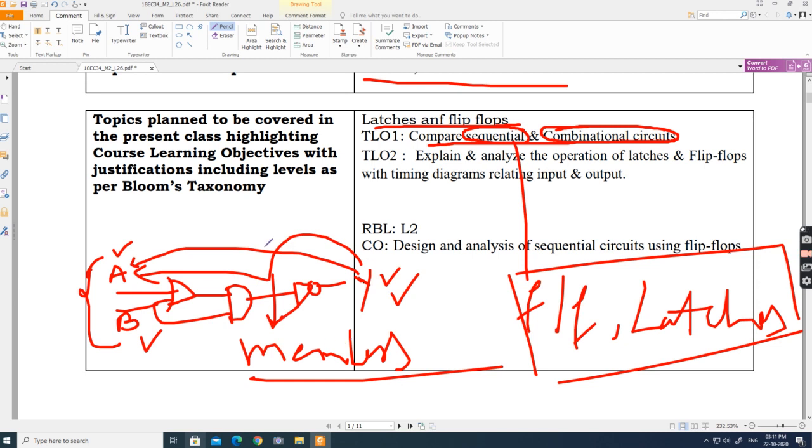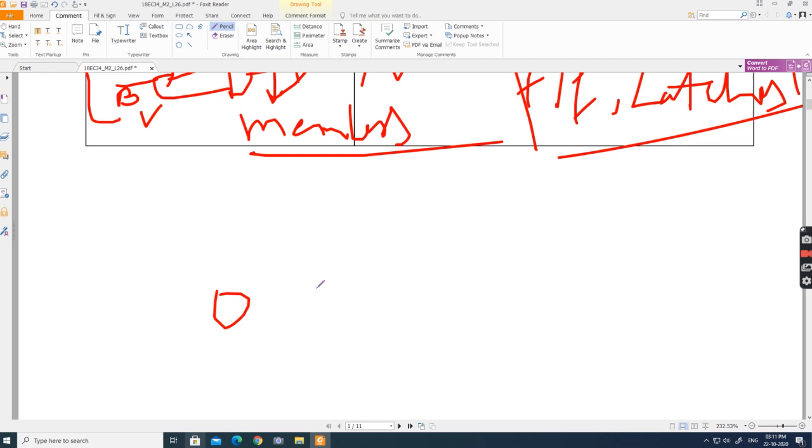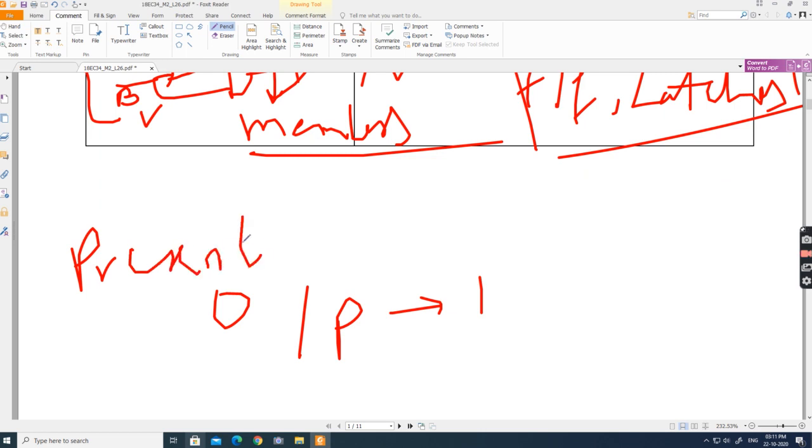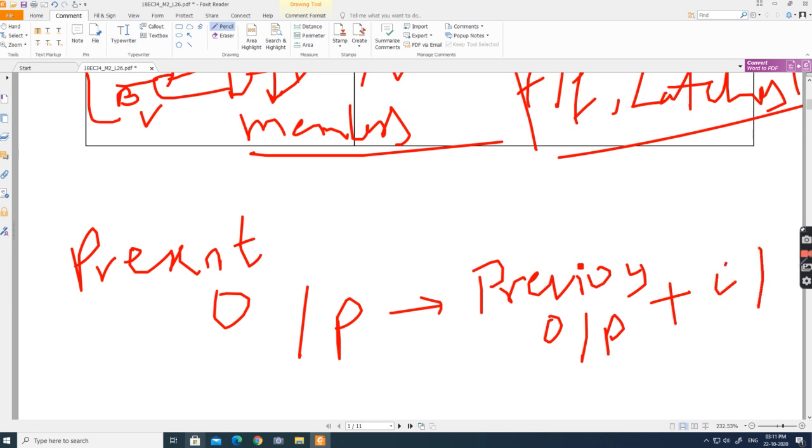The present output depends on the previous output and also on the input.